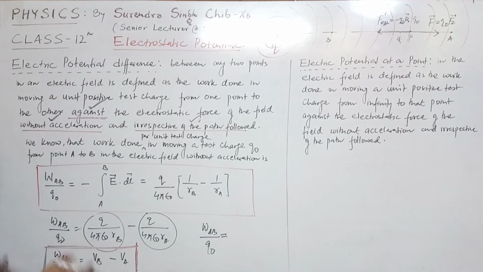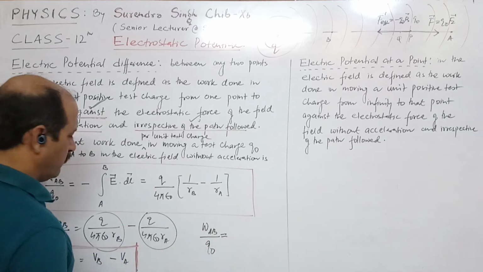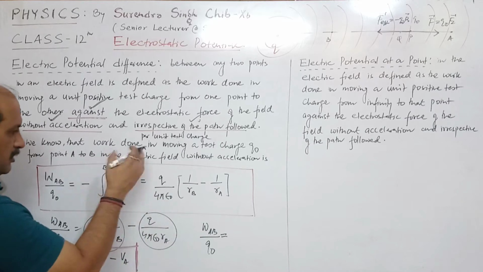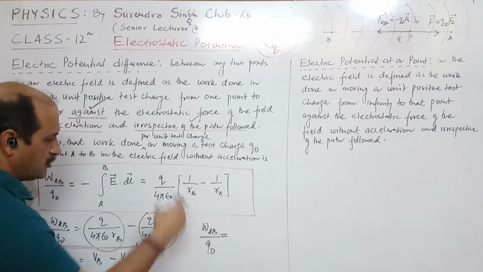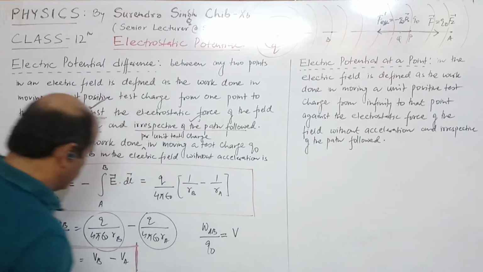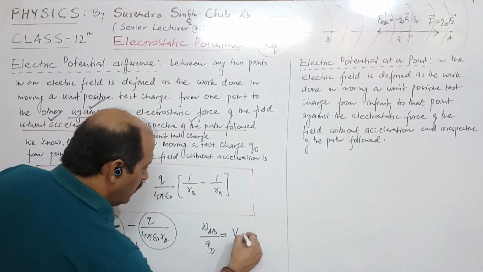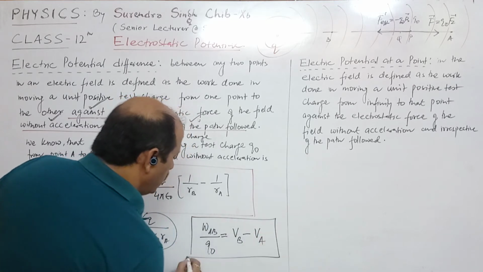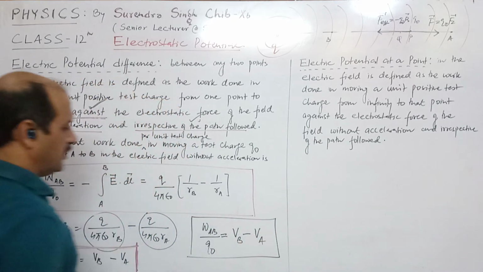If you want to generalize it, this charge can be any charge: 1 coulomb, 2 coulomb, 3 coulomb, whatever you want to take. But here in this derivation, we are bringing a test charge Q naught. So WAB upon Q naught will be equal to VB minus VA. What is VB? Potential of point B minus potential of point A.